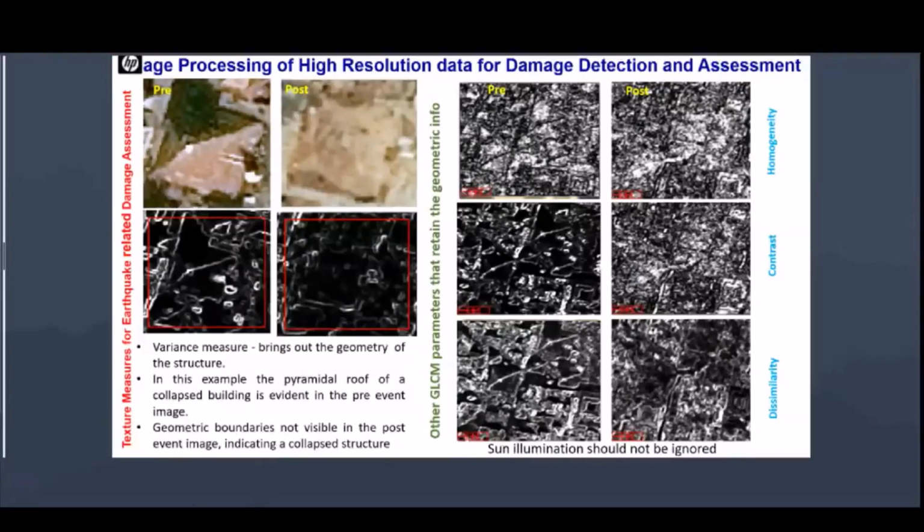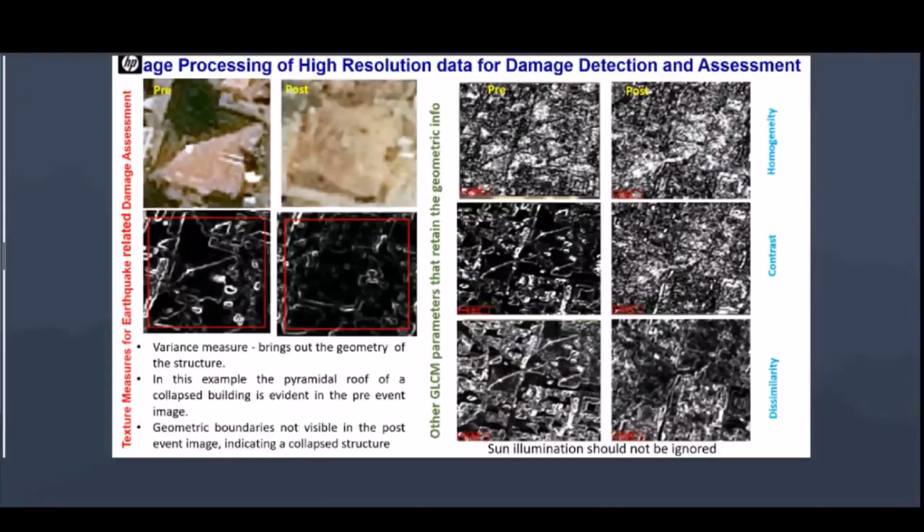So what can be done is, because of this, the International Charter gets activated, and the data for the disaster site is freely available to everyone, especially to the country that is affected. Within, I think, a few hours, the data becomes available.